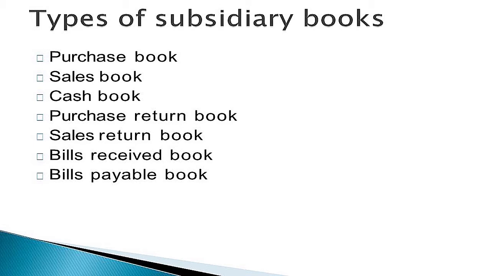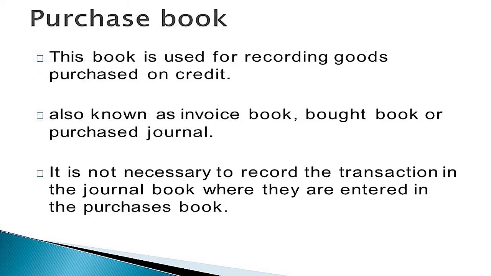All cash transactions we post in cash book with bank column also. Purchase returns are entered in purchase returns book, sales returns are entered in sales returns book. Any bills receivable or bills payable have separate books for entry.